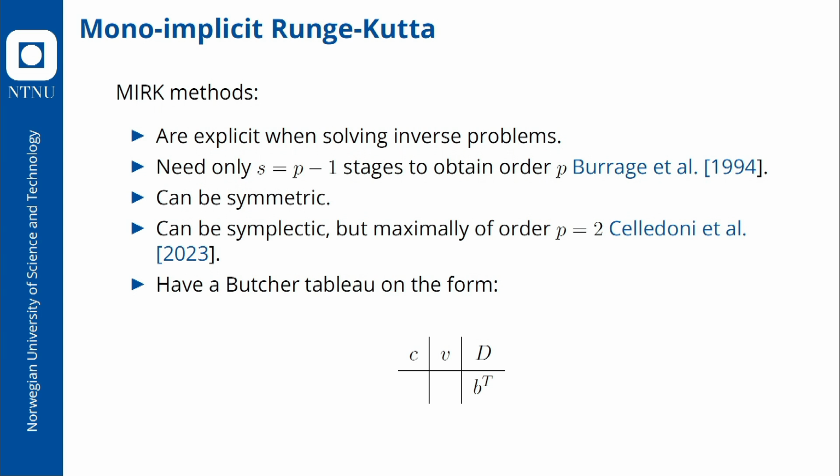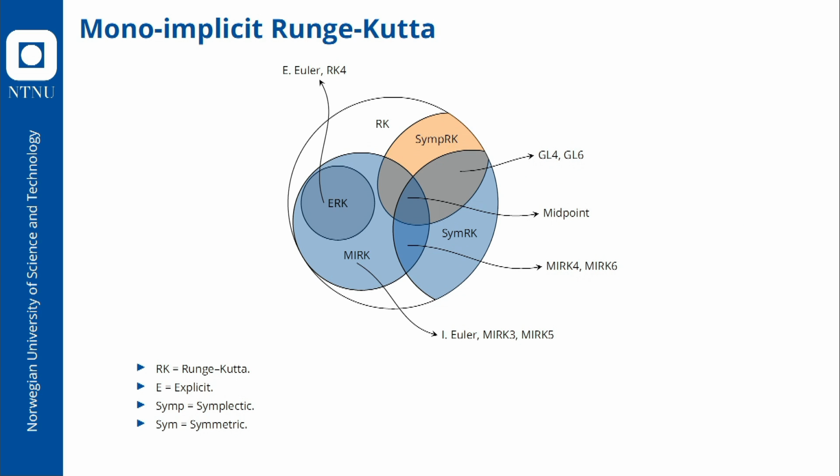They can be symmetric and they can be symplectic, but maximally of order 2, which we've shown in our previous work. They are usually displayed with a Butcher tableau on the following form. This is just an illustration to show the relation between the different methods and to show that this class of MIRK methods is much larger than the ERK or the explicit methods.